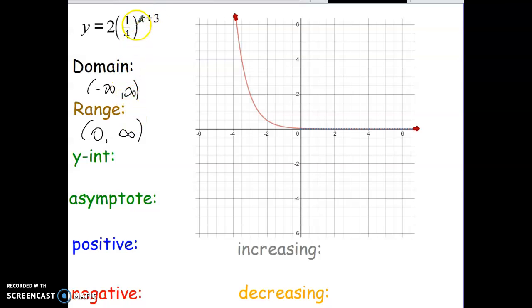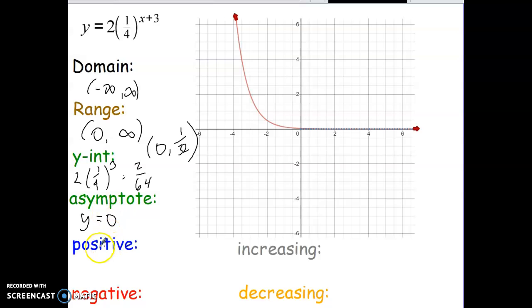All right, my y-intercept, if I put 0 right here, 2 times 1/4 to the third, well, that's going to end up being 2 over 64, which would simplify to be 1 over 32. So that's going to be my y-intercept. My asymptote is still that horizontal y equals 0.